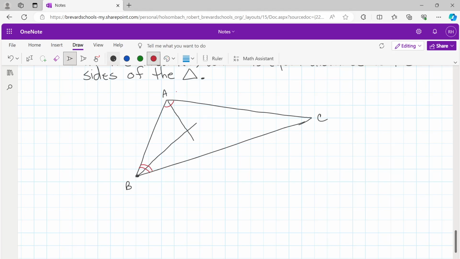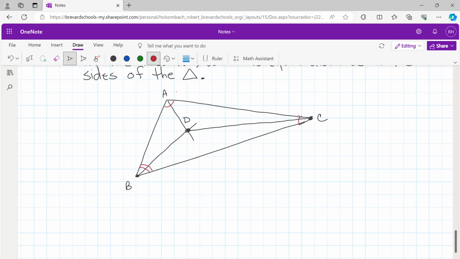Now, if the first two bisectors intersect at this point, well, then the third bisector, the bisector for angle C, has to go through that point as well. All right? So now you can just connect, I'm going to call it point D and C. And if you connect D and C, that's our third angle bisector.